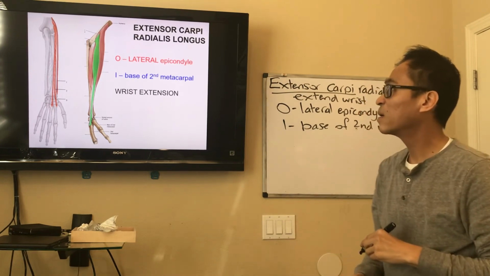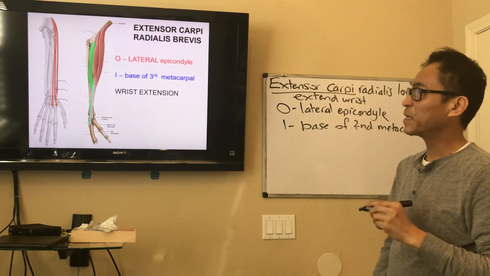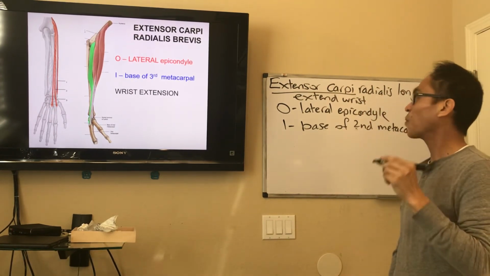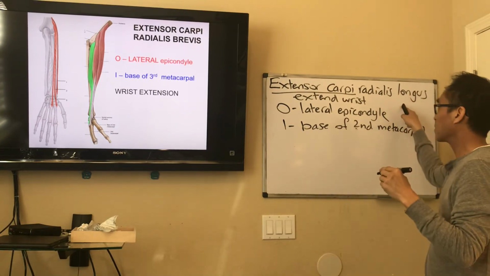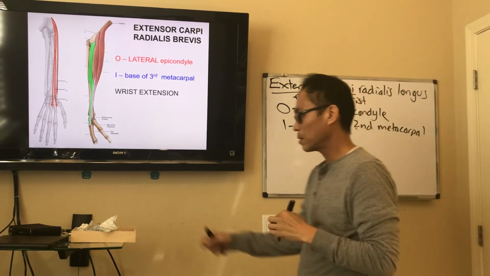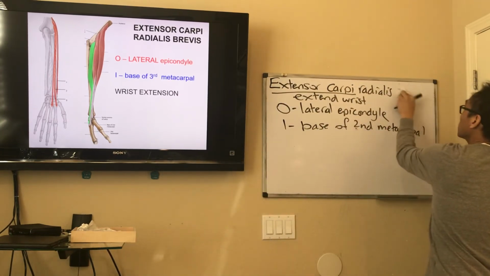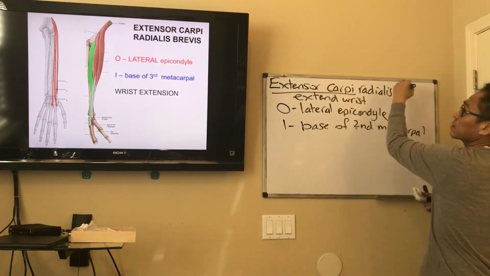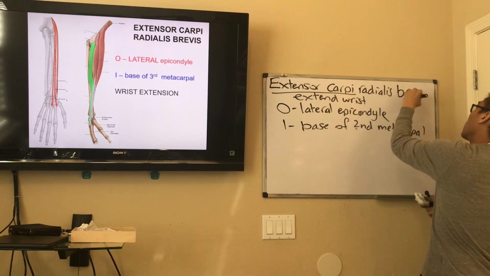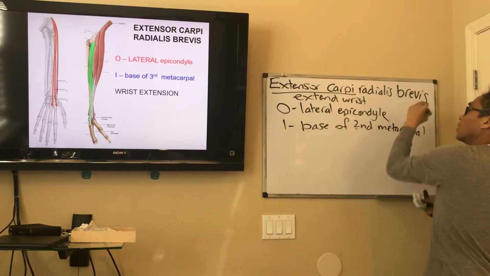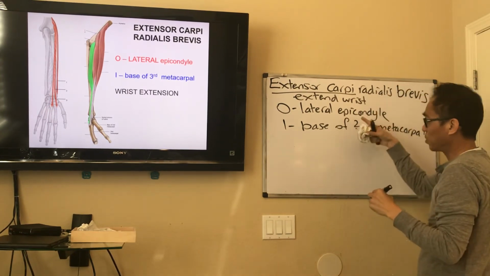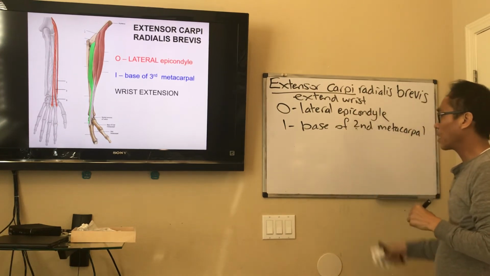Moving on. Muscle right next to it, extensor Carpi Radialis Brevis. I'm just going to change a couple things here. Change that to Brevis. It extends wrist, originates pretty much still, lateral epicondyle.